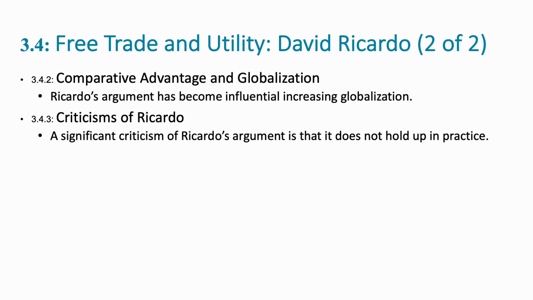So Ricardo's argument has become the standard bearer for why people favor globalization and free trade. People refer to Ricardo's work on comparative advantage and why that is ultimately the goal. But there are a lot of criticisms of Ricardo's work.